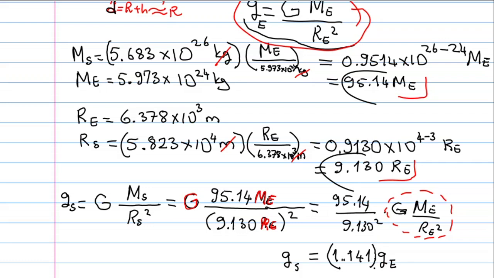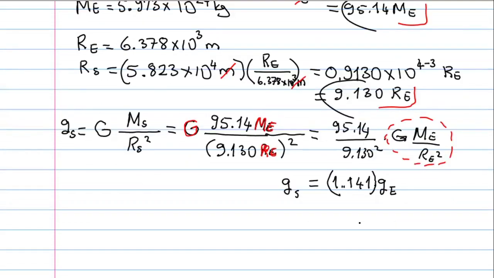We can numerically calculate this because we know the acceleration due to gravity on Earth is 9.80 meters per second squared. This is going to be an approximation.